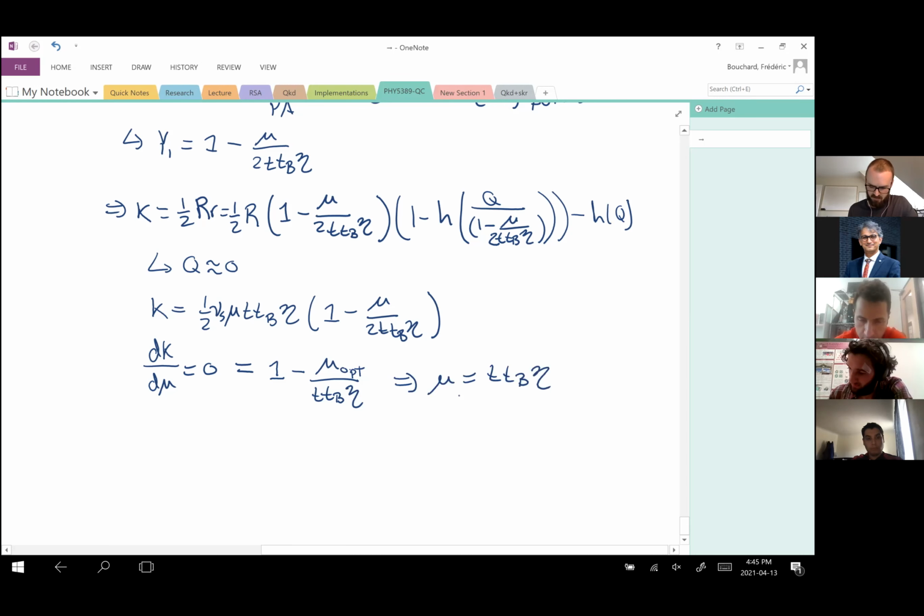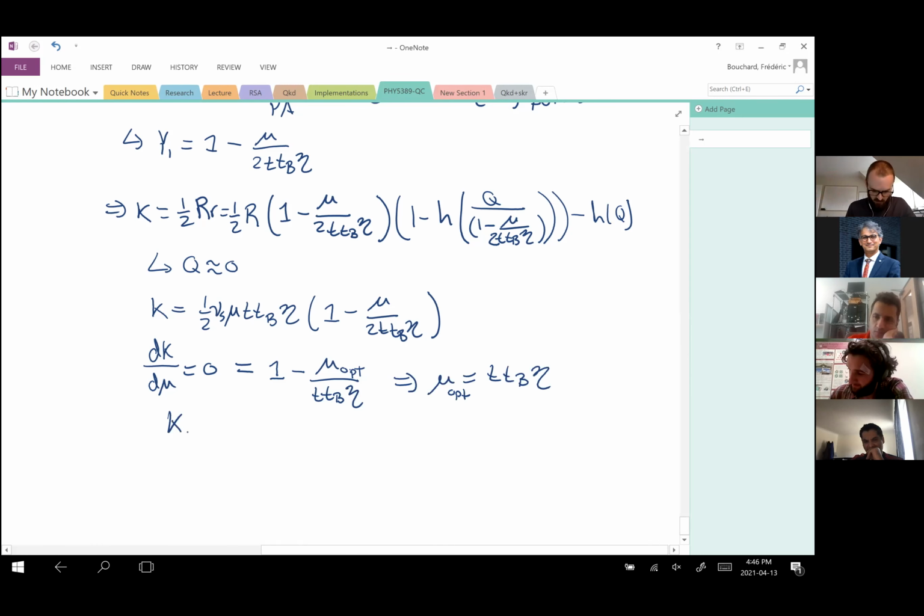So in an experiment, if you're using attenuated lasers, the optimal mean photon number is basically your overall loss, or your overall transmission. If you have a detector efficiency of 50%, and you have a T times TB of 10%, then you're down to 5%. So you need a 0.05 mean photon number.